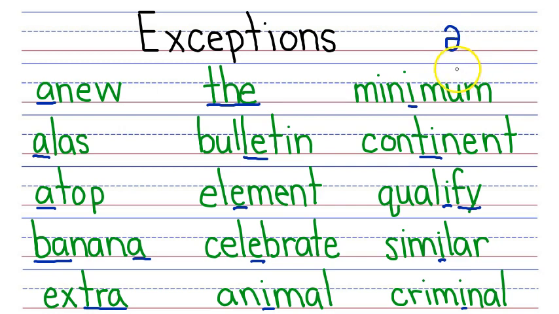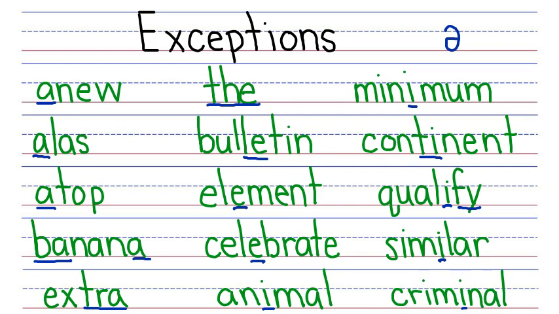So if you look in a pronunciation dictionary and you see this sound, it means you say uh at that part of the word. And so here we have anew, alas, atop, banana, extra, the, bulletin, element, celebrate, animal, minimum, continent, qualify, similar, criminal.